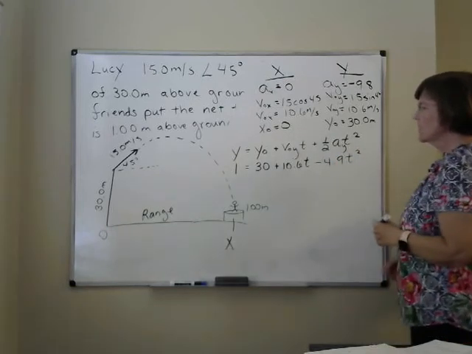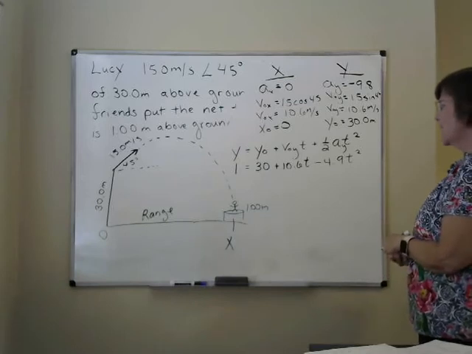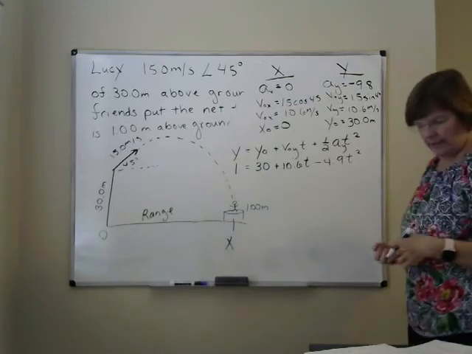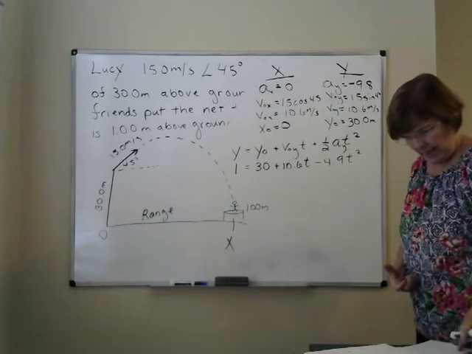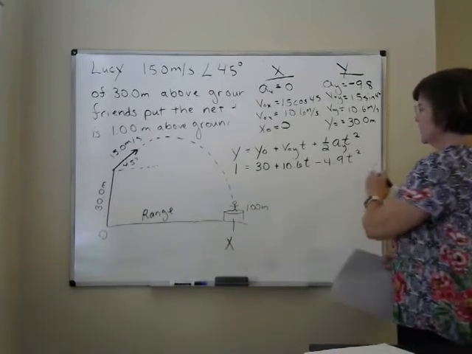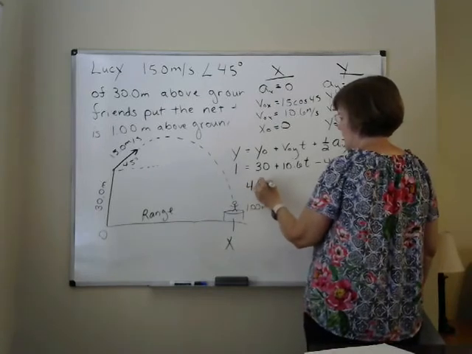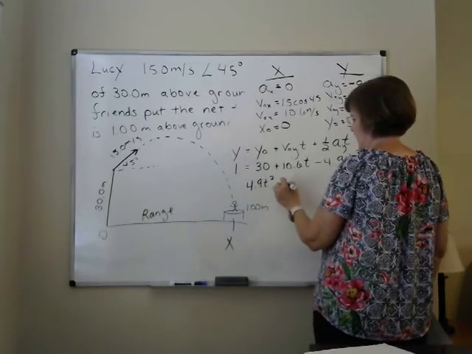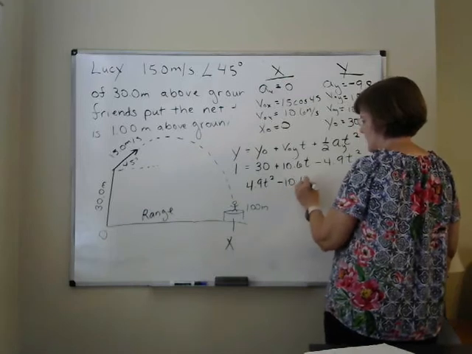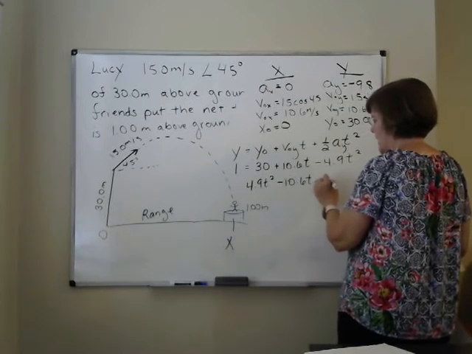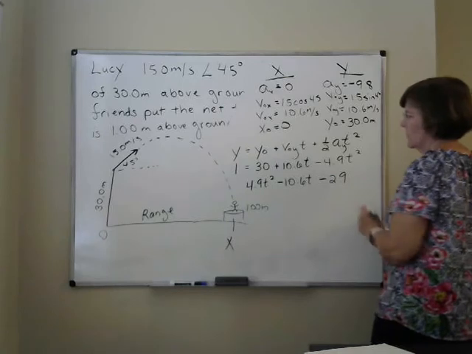Guys, this is a quadratic equation, and it's not going to factor, and it's not going to be overly, terribly easy. I can solve it a couple of ways. I'm going to put everything over on this side. I'm going to get 4.9 t squared minus 10.6 t minus 29. That's my equation.